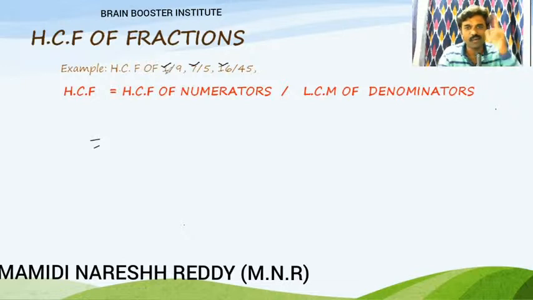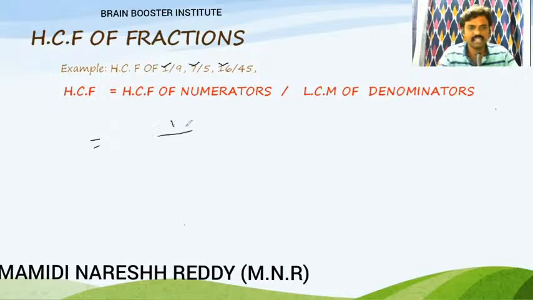These three are co-primes. The HCF of co-primes is always 1, because they have only 1 as the common factor. That's why they are called co-primes. So their HCF is always 1. So the final answer is 1.